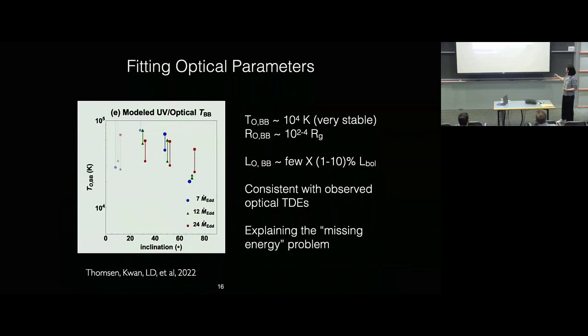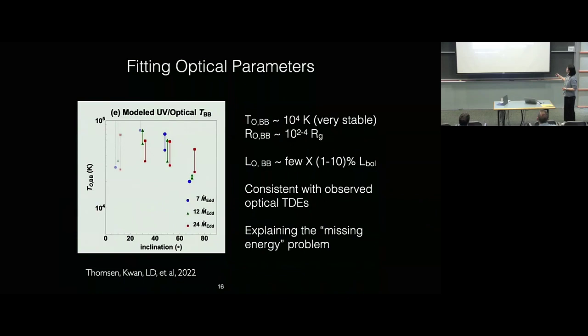We can see that the temperature fit is always around 10 to the 4 Kelvin, and is very consistent no matter what the viewing angle or the accretion rate is. We think that is quite consistent with what's observed in TDEs. As the optical luminosity drops by 1 or 2 orders of magnitude, the temperature stays basically constant, maybe with a slight increase or decrease.